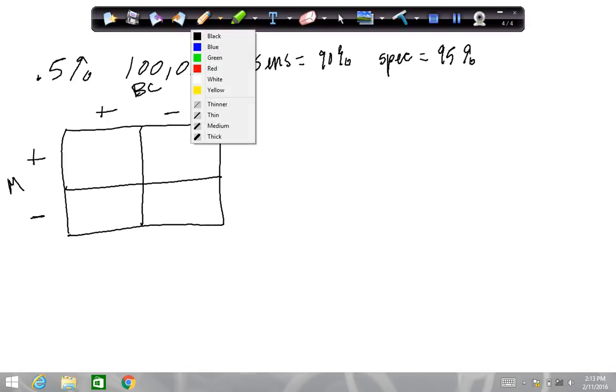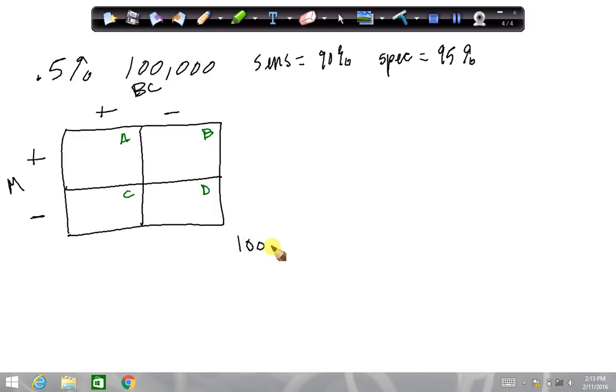And then we'll go ahead and put our labels here as well. And we know we have a population of 100,000, and that our prevalence is 0.5%.